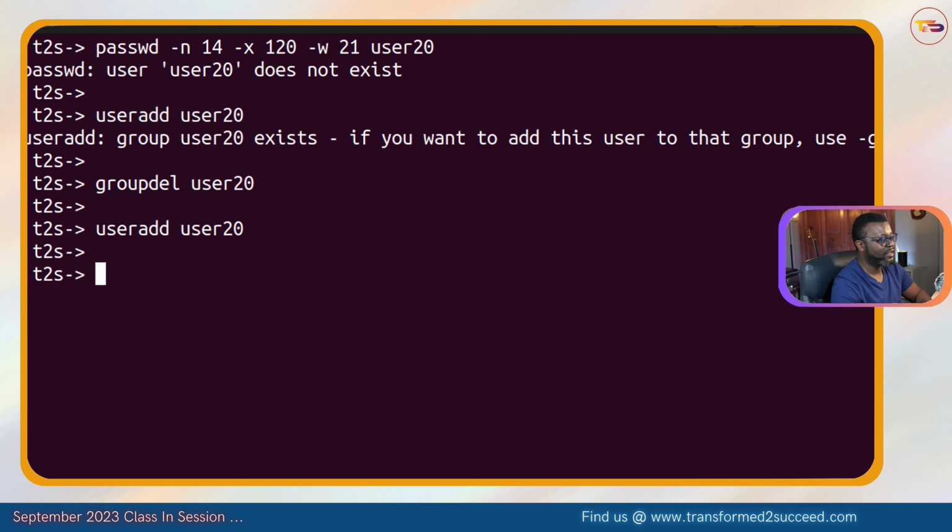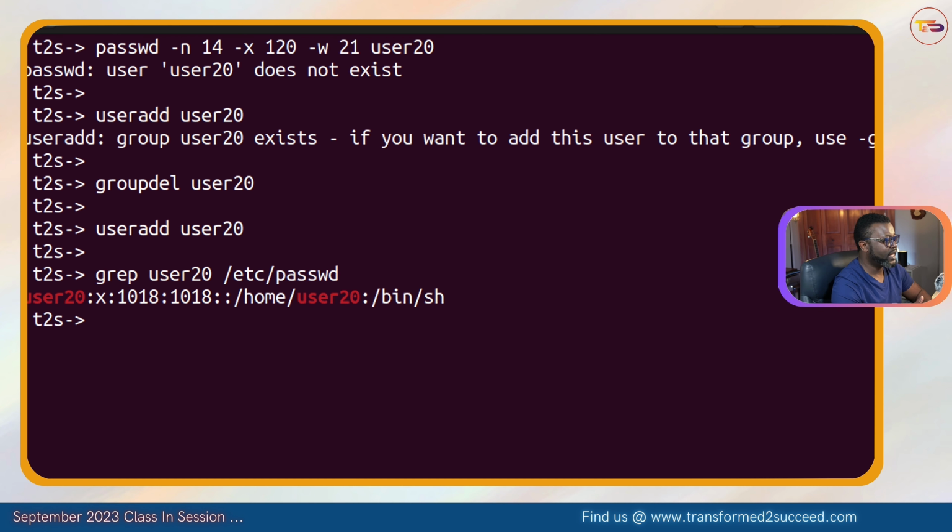If the system is not complaining, then it's okay. We can verify by using the grep command on the passwd file, /etc/passwd, and user20 exists and belongs to the group user20.